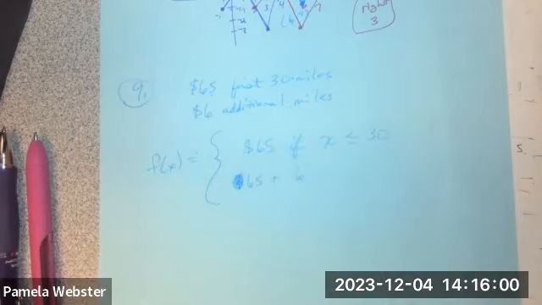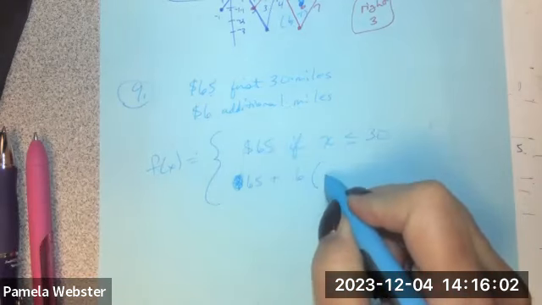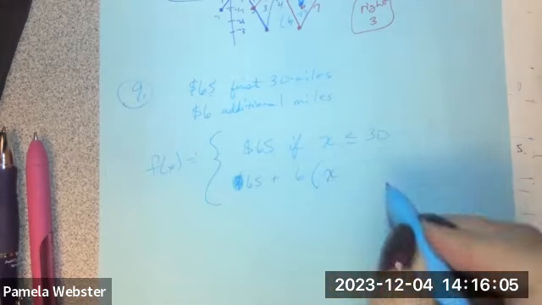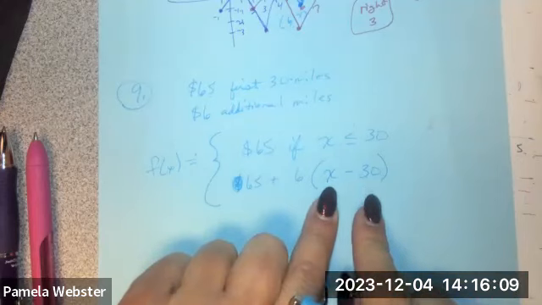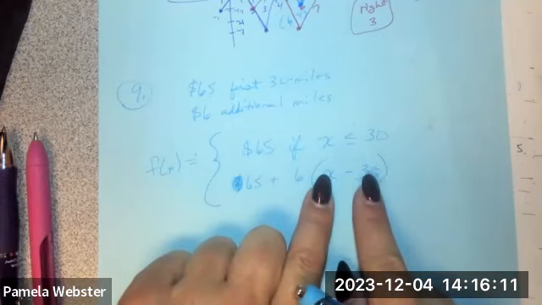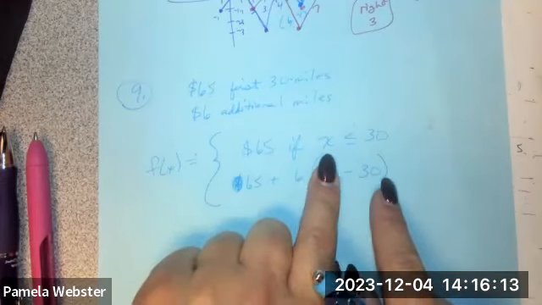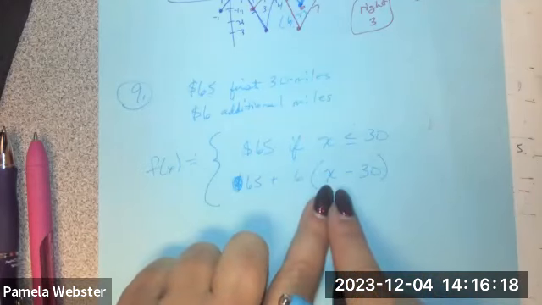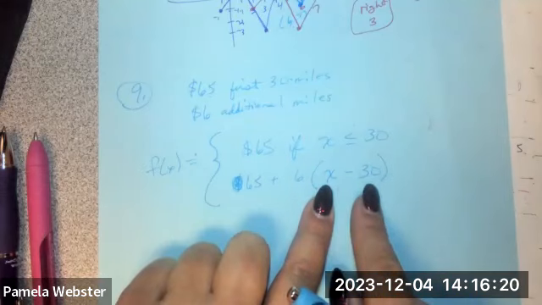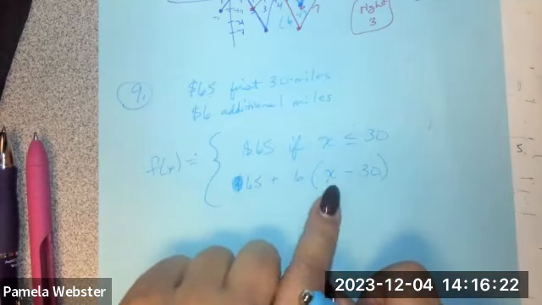So I need to make an adjustment step, which is take your total number of miles and subtract the 30. So in other words, when it's 31, I'll have 31 minus 30, 1 mile extra, $6 for that mile, right? If it was 32, it'd be 32 minus 30. I'd have $2 extra.